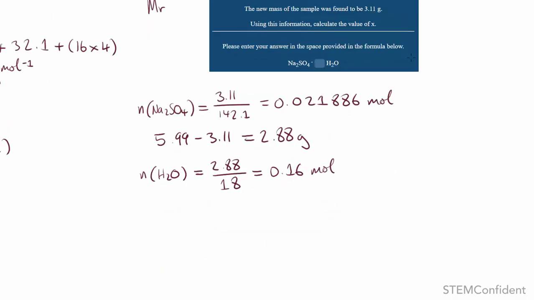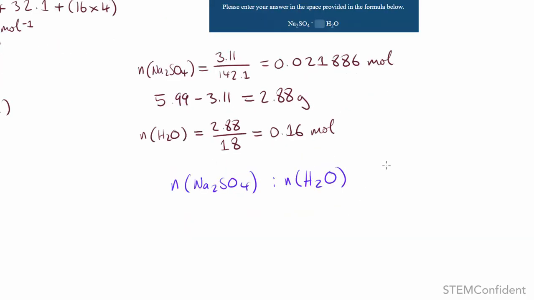So in this case, I'm going to put the Na₂SO₄ on the left hand side for clarity. It's easy to compare it this way. So number of moles of Na₂SO₄, then on the right hand side, number of moles of H2O.